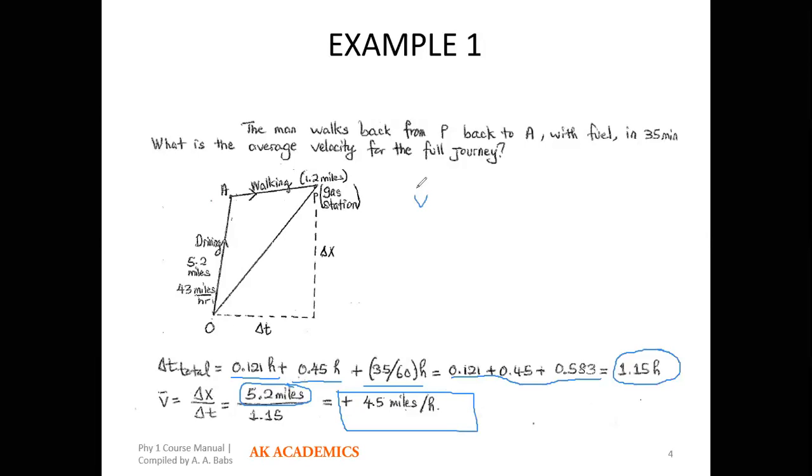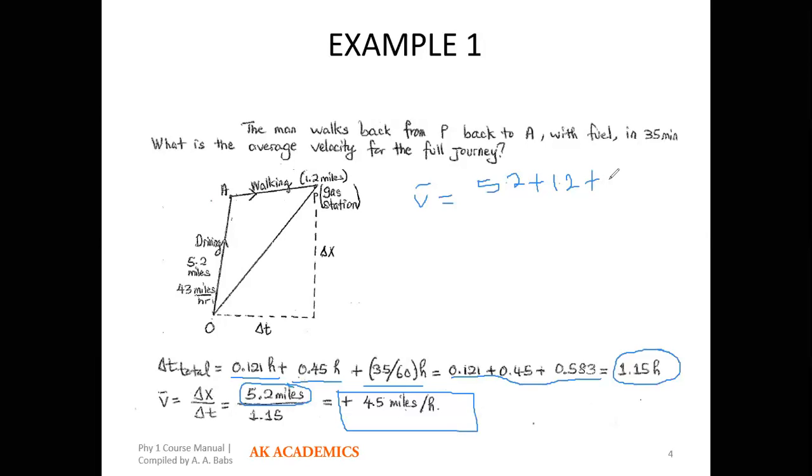Our average velocity would be equal to the displacement from O to A, which is 5.2 miles. The displacement from A to P is going to be 1.2 miles, as given in the question. And then we're going to add one more displacement to it, because it moved from O to A to P, and then P back to A. So its displacement from P to A would be 1.2, okay?